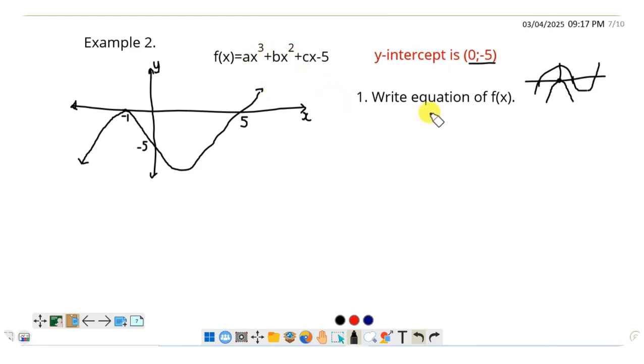Okay, so they say write the equation. Okay, let us do that.